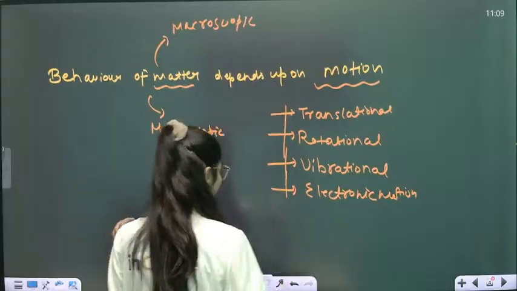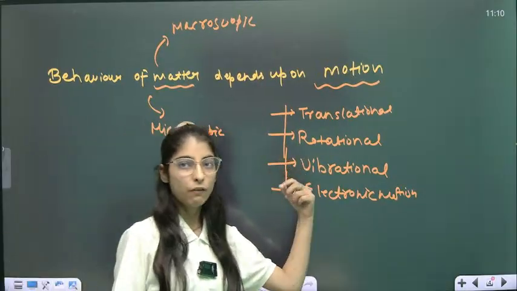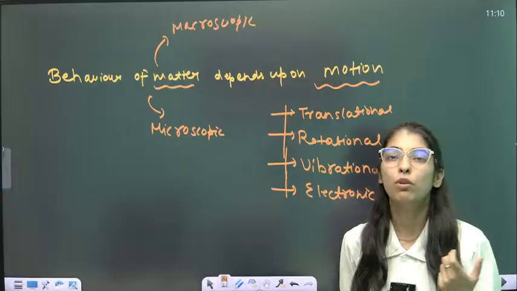So for each motion we have a different type of model.